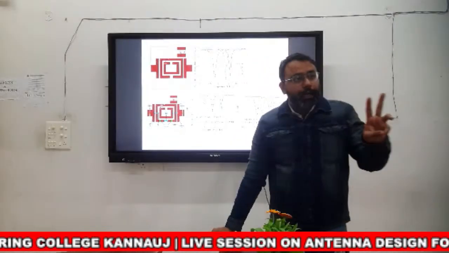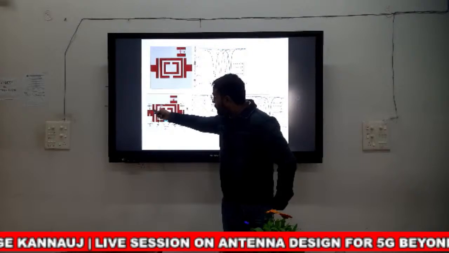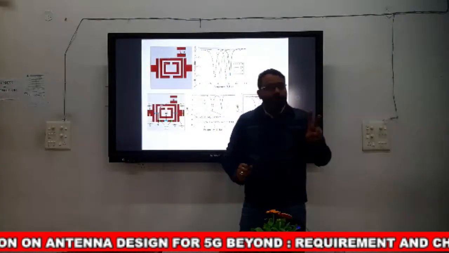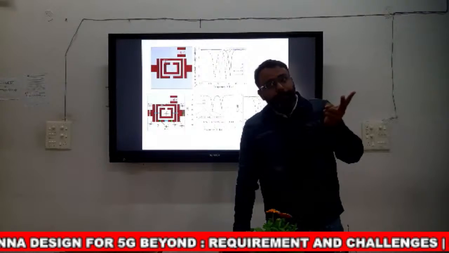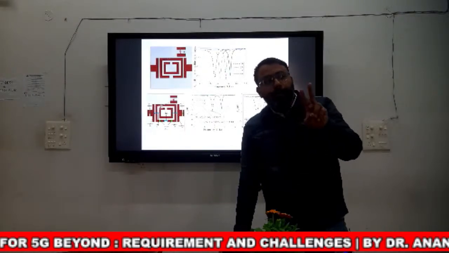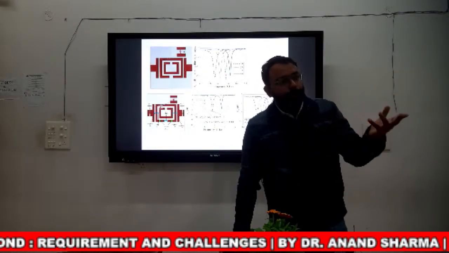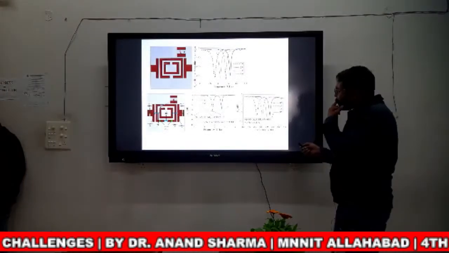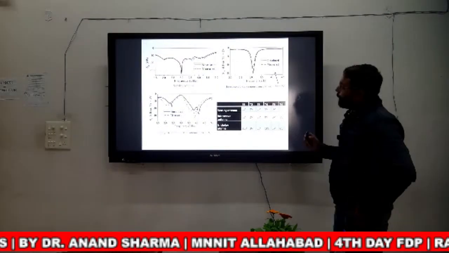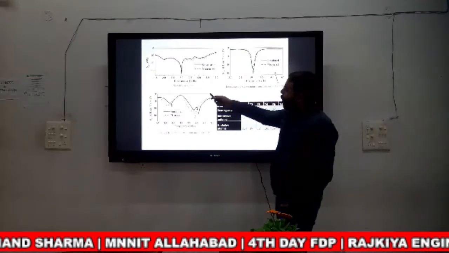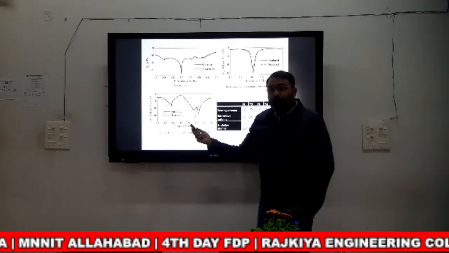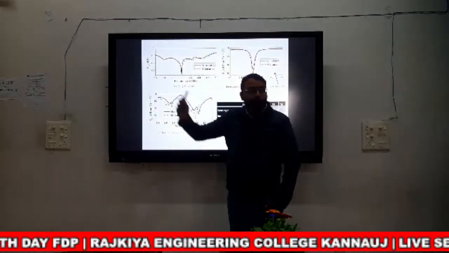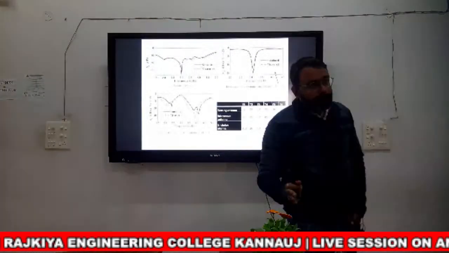So we have developed 3 different characteristics with the help of pin diode in this structure. First is all pass filter, second is band pass, and third one is band notch. Initially, when all the pin diodes are on, it behaves like a wideband structure, and it is used for sensing purpose.